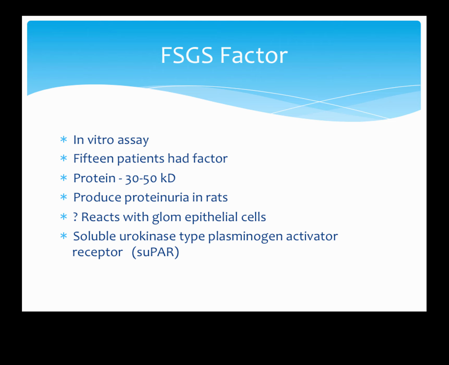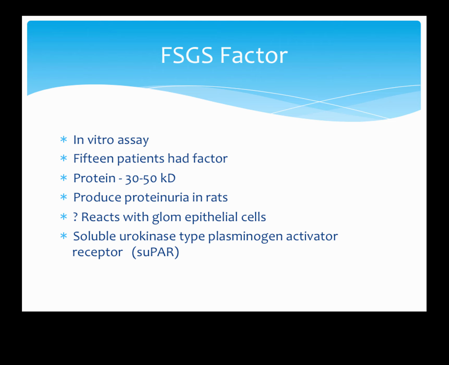In the original study, there were about 15 patients studied with this factor. The exact nature of that factor is still not definitely known. When the serum of patients with focal segmental sclerosis containing this factor is injected into rats, the rats rapidly develop nephrotic syndrome.